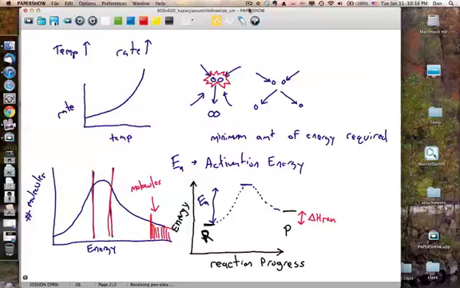Only these molecules right here are able to travel up this potential energy barrier. They have to have enough energy to get over this activated complex. This is why reactions don't spontaneously happen. If you mix gasoline and oxygen, they're perfectly stable. That's why we can carry around cans of gasoline.